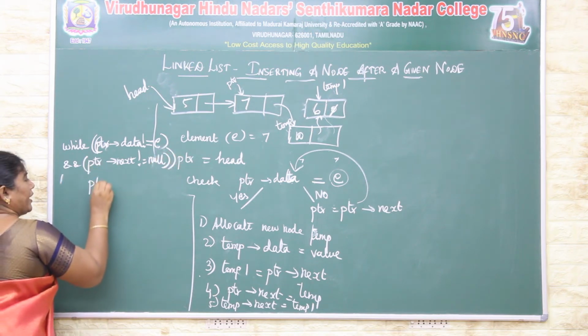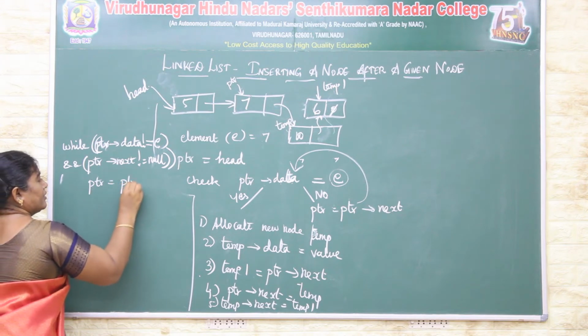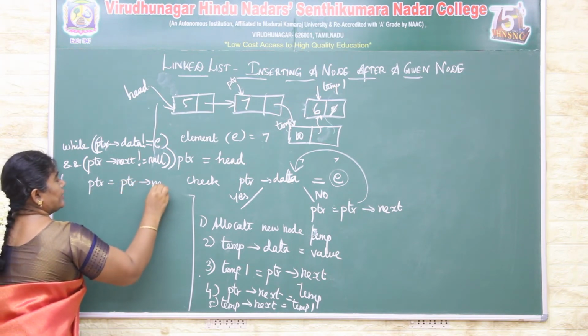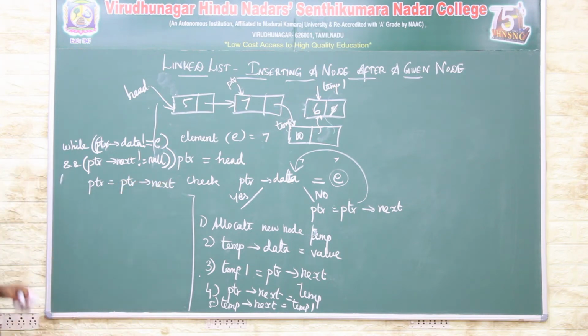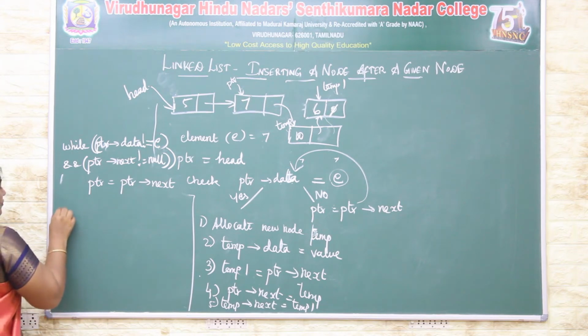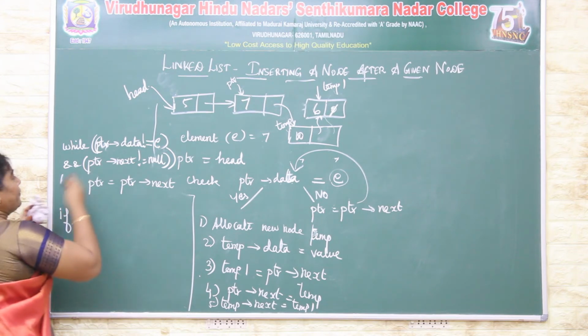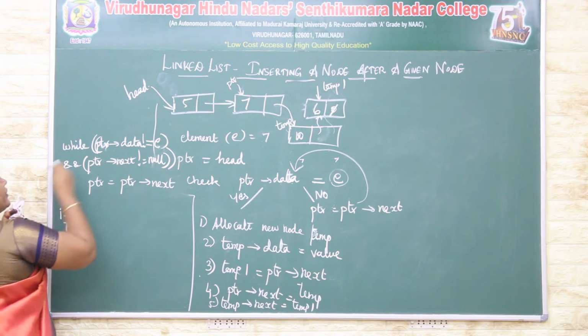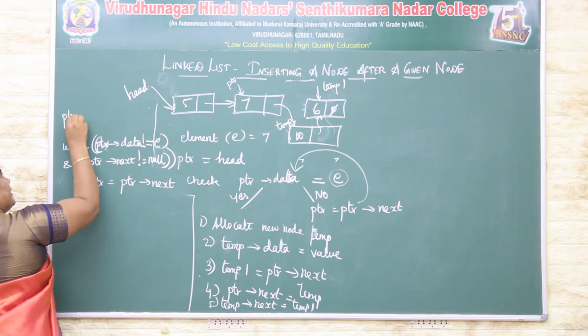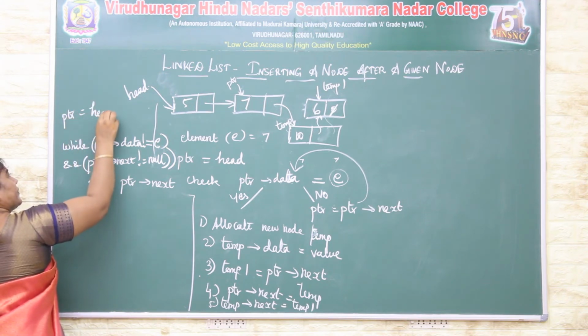Then I have to move PTR equal to PTR pointer next. The first time, I make my PTR equal to head.